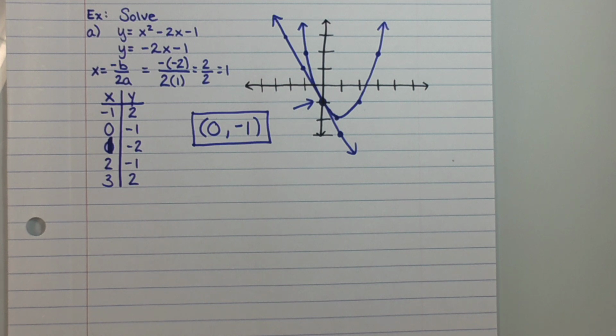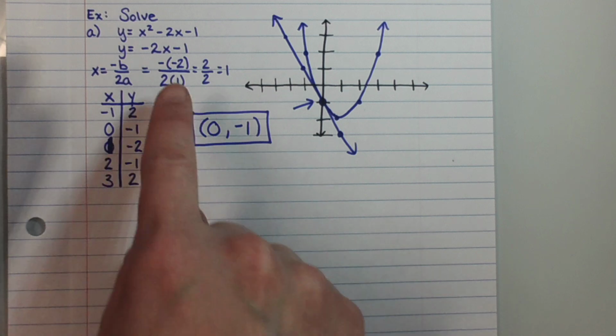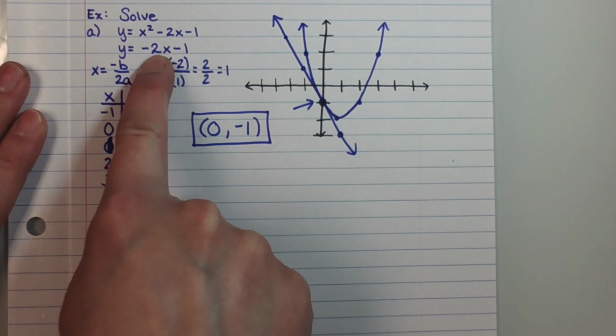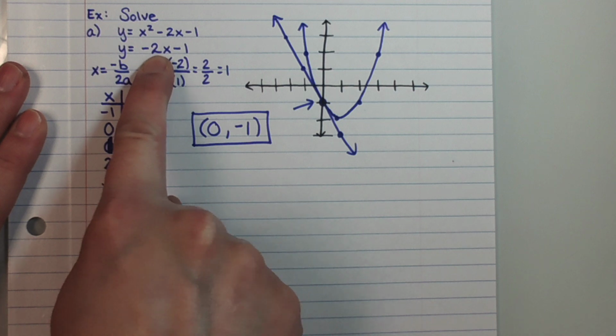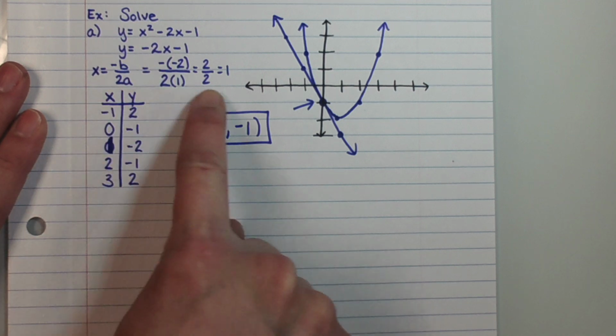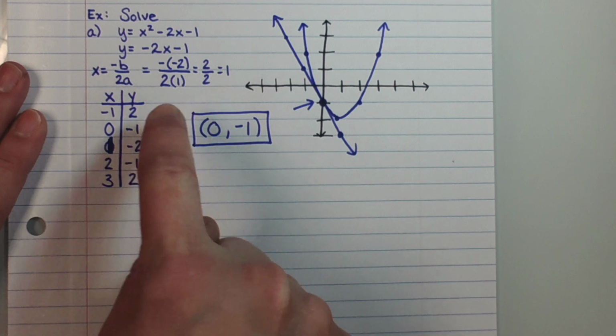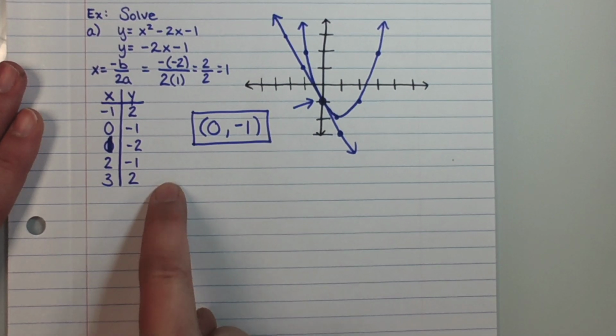Because in order for me to draw this graph, I had to put a lot into it just to get the graph, and hopefully I didn't make a mistake in all of the steps that I did. Hopefully I didn't make a mistake on plotting the y-intercept of this linear equation. Hopefully I didn't make a mistake in moving with the slope of negative 2. Hopefully I didn't make a mistake when finding my axis of symmetry of that U-shaped graph. Hopefully I didn't make a mistake when I plugged in all 5 of these numbers.